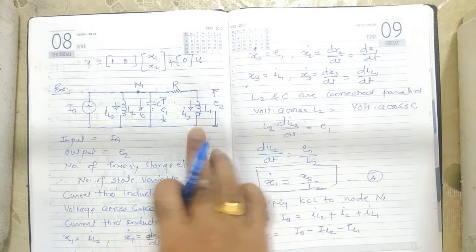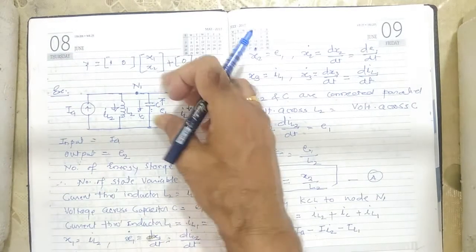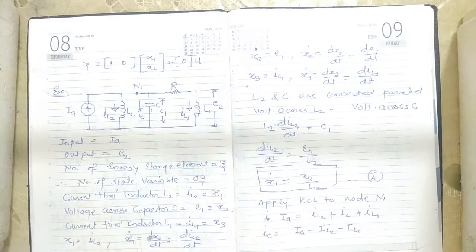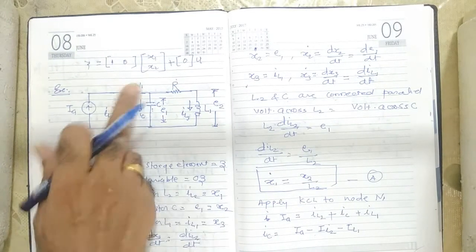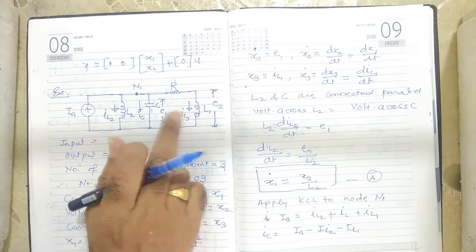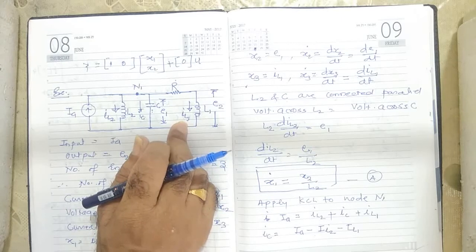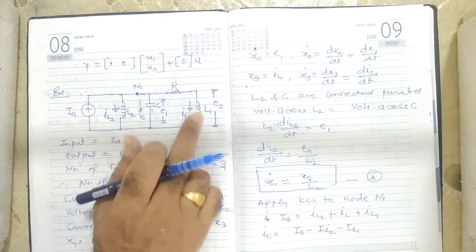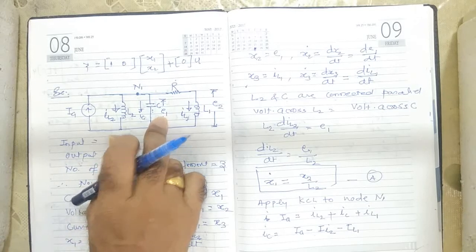Now, these two elements R and L1 are connected in series, but they are connected in parallel with the capacitor. The voltage across the capacitor is E1, and the current flowing through R and L1 is IL1. The voltage across this series combination is nothing but the voltage across the capacitor, that becomes E1.